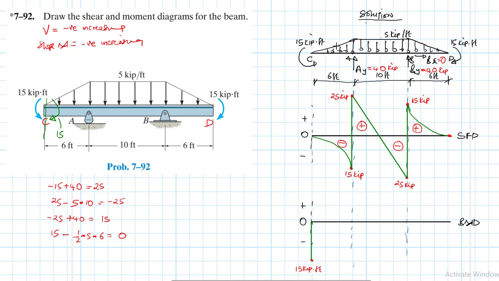Since our load is a polynomial of degree 1, our shear is a polynomial of degree 2. We expect our moment to be a polynomial of degree 3.